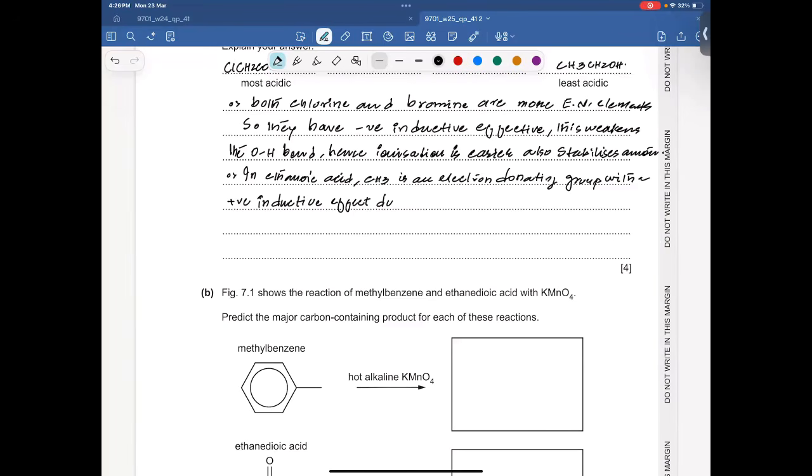Due to which ionization is not easier and destabilizes the anion.